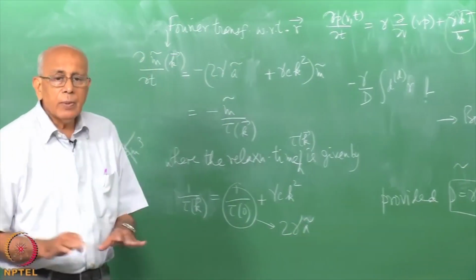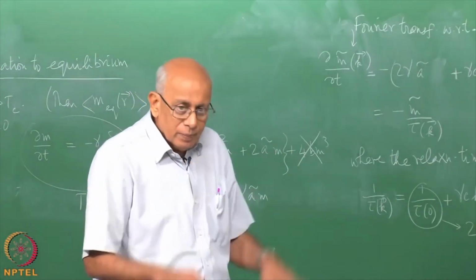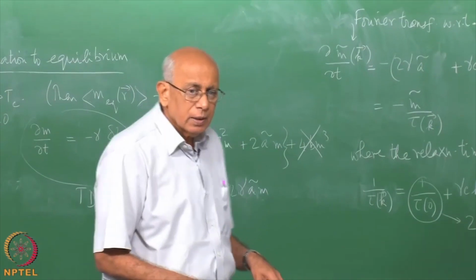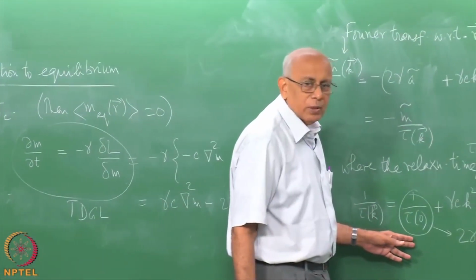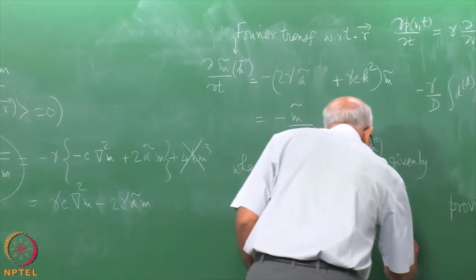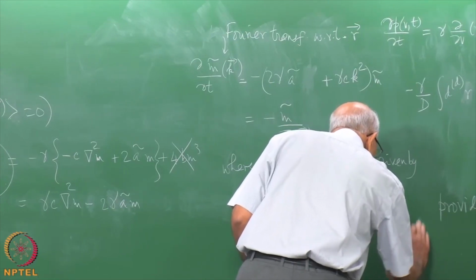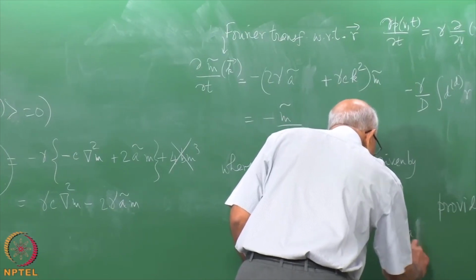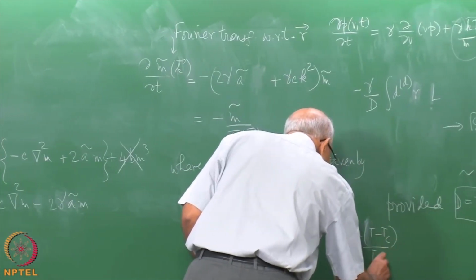So the infinite wavelength or k equal to 0, the uniform background configuration relaxes at this rate with tau of 0. But this is equal to 2 gamma a times t, I should not use t, it is (T minus Tc) over Tc.